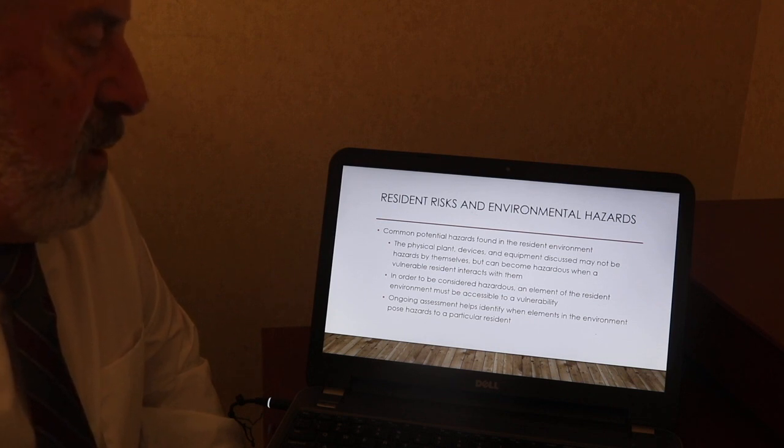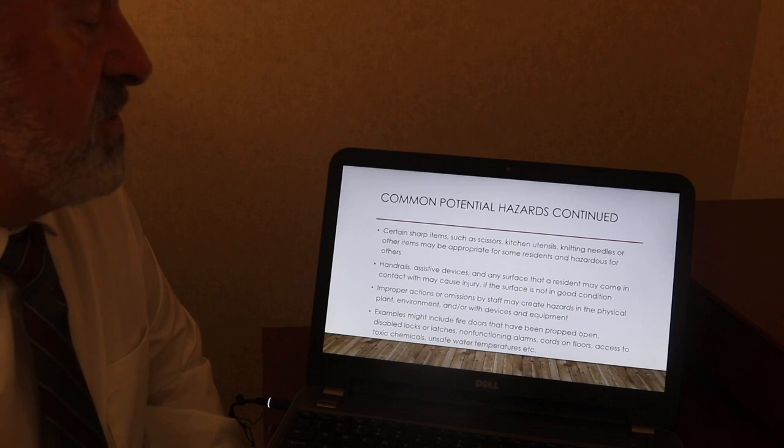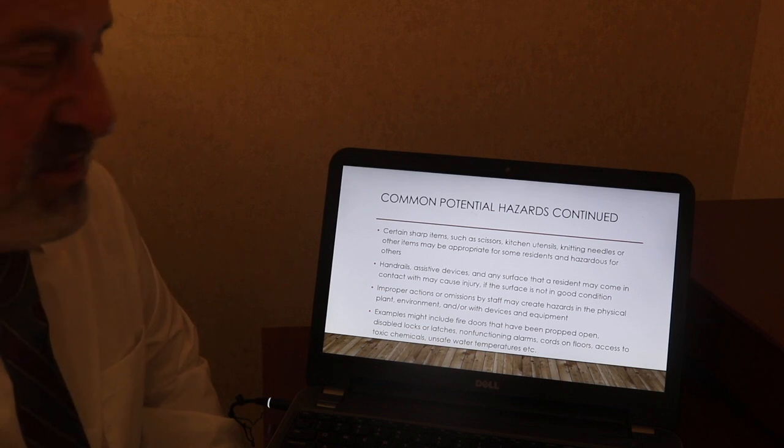Ongoing assessment helps identify when elements in the environment pose hazards to a particular resident. Certain sharp items, such as scissors, kitchen utensils, knitting needles, or other items, may be appropriate for some residents and hazardous for others.